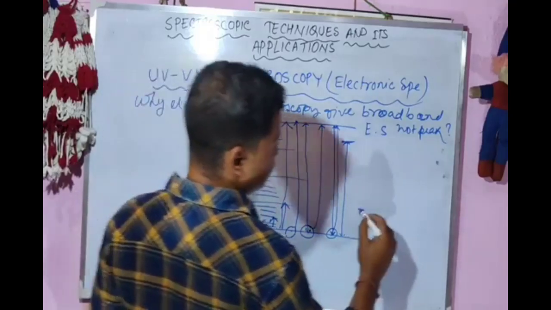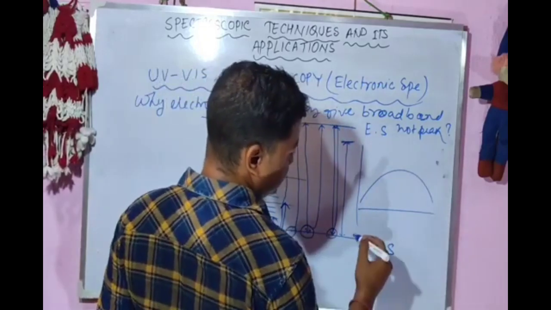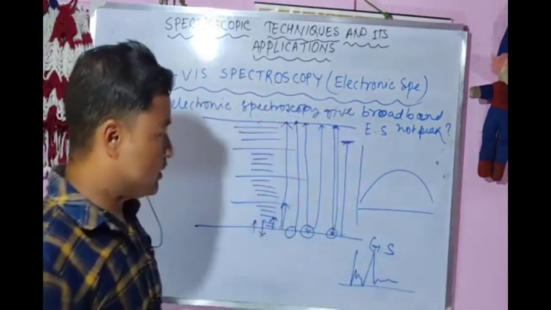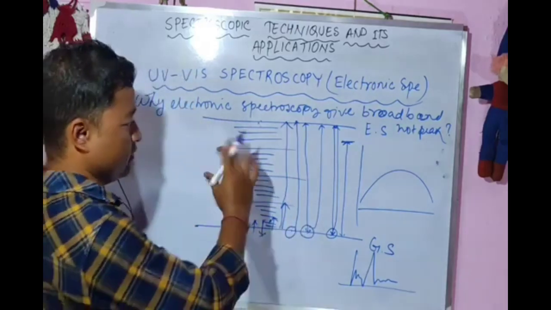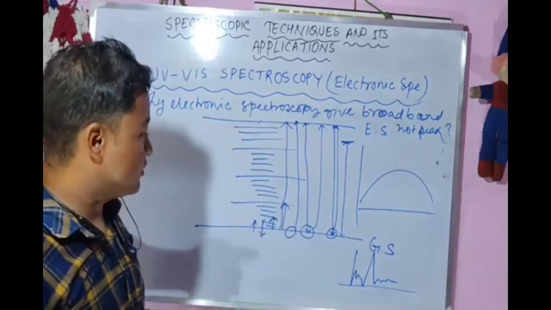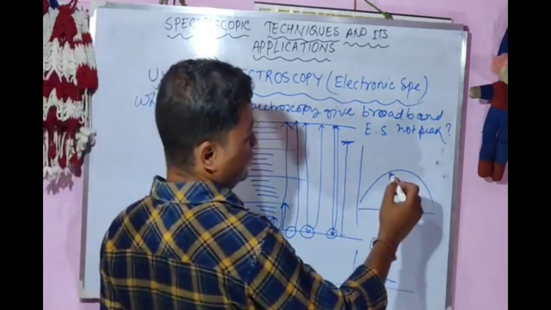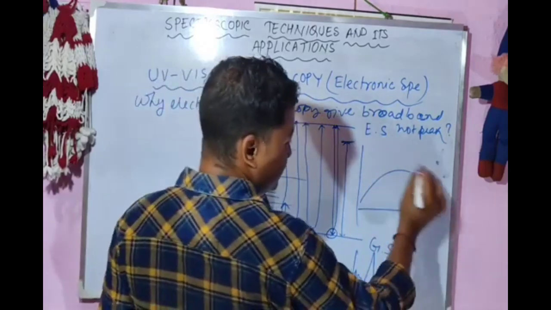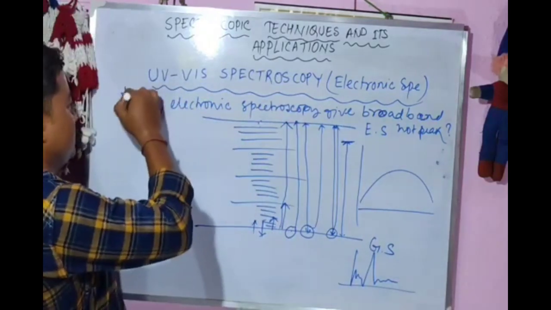That is, the UV spectroscopy or electronic spectroscopy plot is this type, not this type, because with the electronic transition there are some rotational and vibrational levels. So with the electronic transition, vibrational transition and rotational transition also occur. That's why UV spectroscopy does not give a peak, it gives a broadband. Okay, this is a very important question.